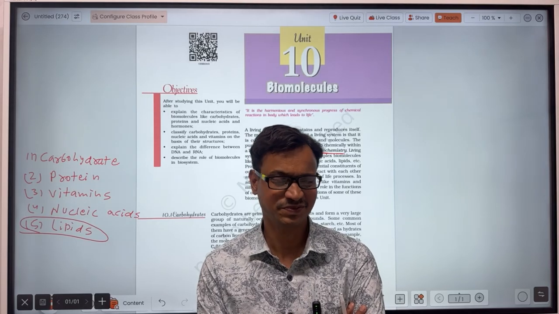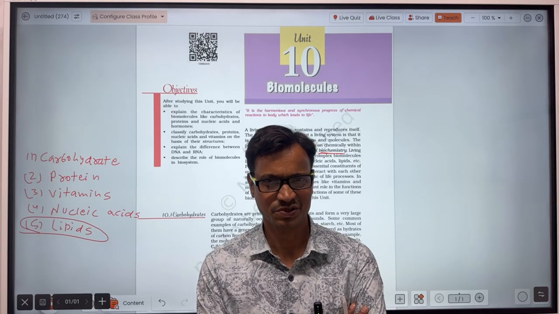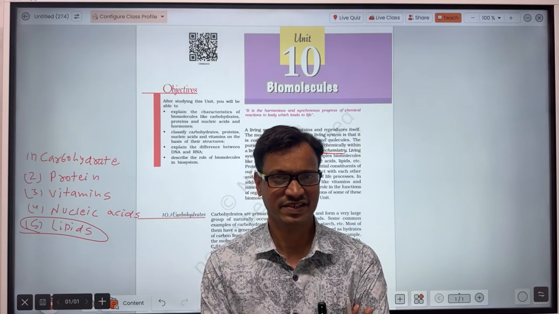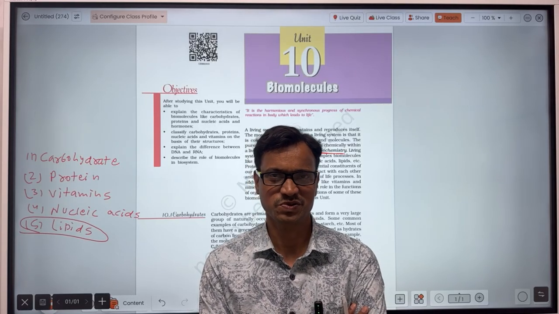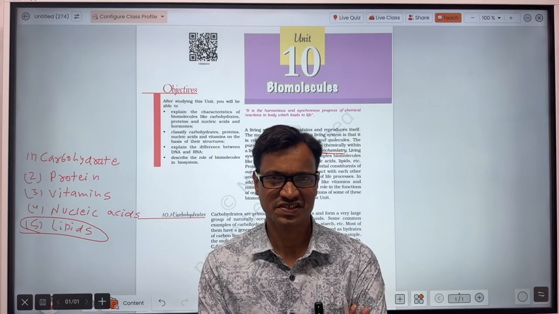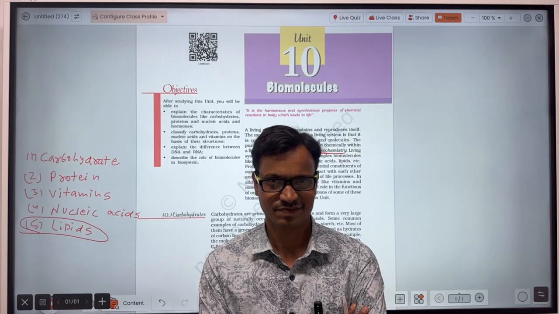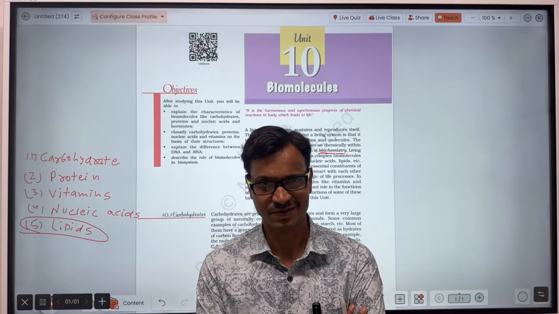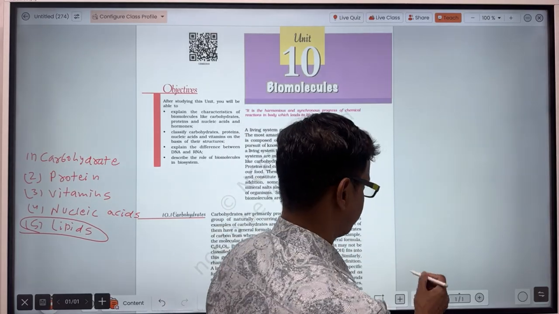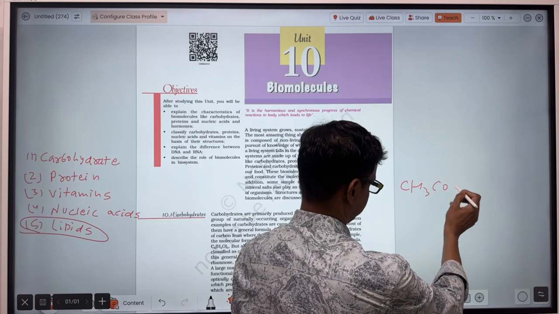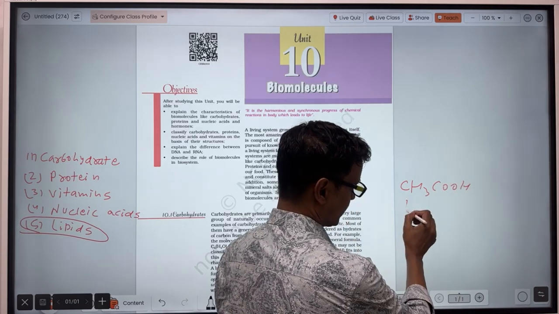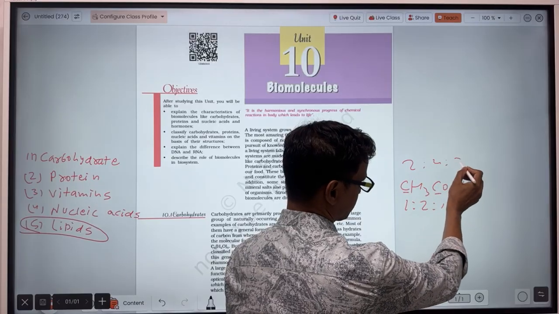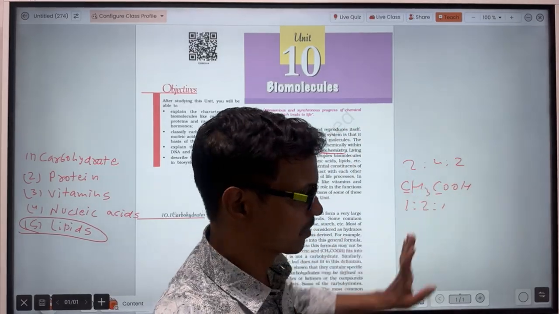But in that concept, not every molecule fitted the definition of carbohydrate. In addition, there were some molecules which satisfied the formula provided by the classical concept, but were not carbohydrates. Like acetic acid, in which the ratio of carbon, hydrogen and oxygen is also 1:2:1, like 2 carbon, 4 hydrogen and 2 oxygen. But that is not a carbohydrate.